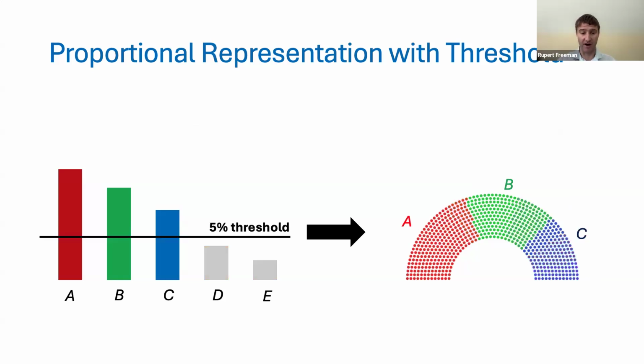A common number is, say, 5%. They simply say that any party that receives less than 5% of the vote won't be represented, and the seats are allocated proportionally among those parties that get 5% or more of the vote. Okay, so we get this parliament, which seems to be a little less representative, but perhaps more stable. The parties are larger, and there are fewer of them.